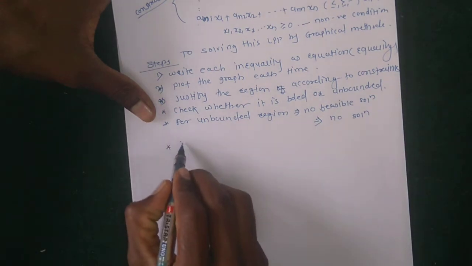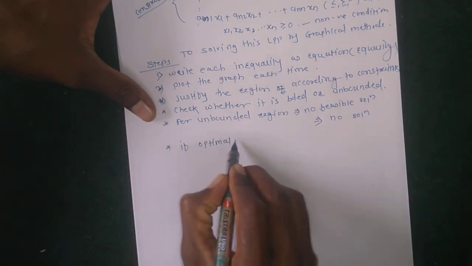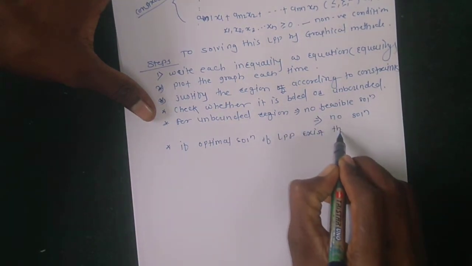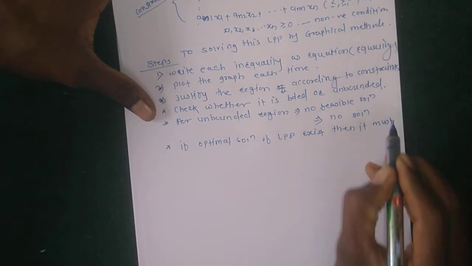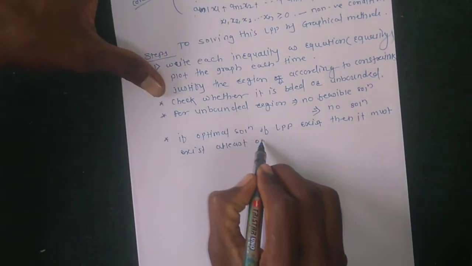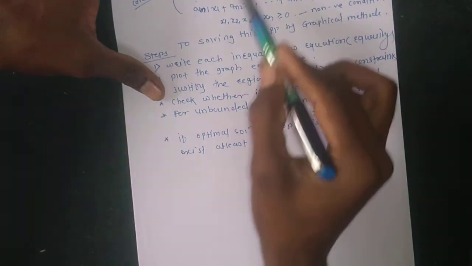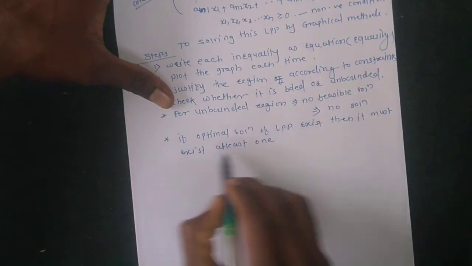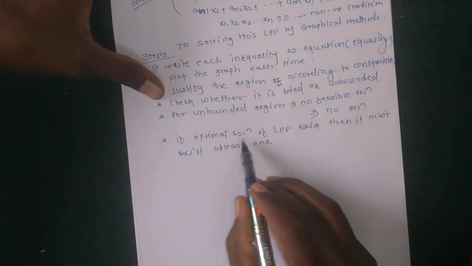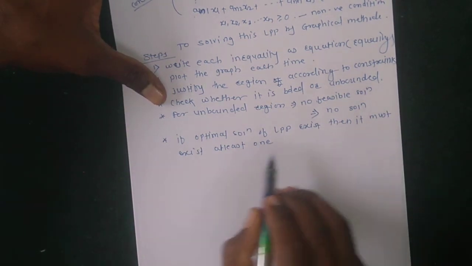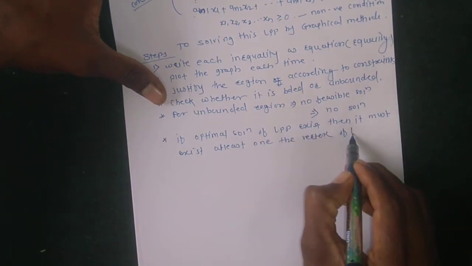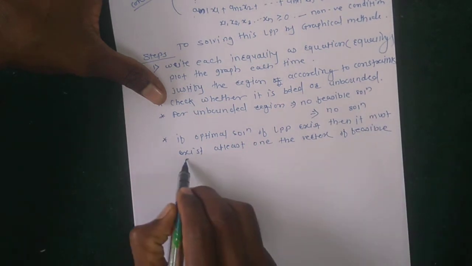And if an optimal solution of the LPP exists, then it must exist at at least one vertex, or point, of the feasible region.